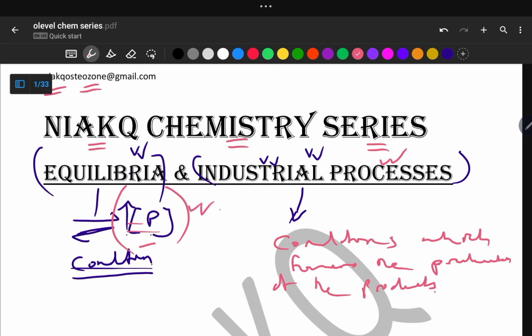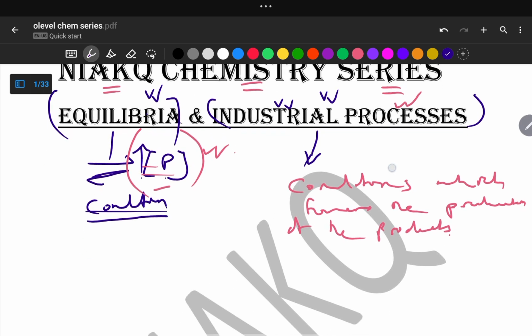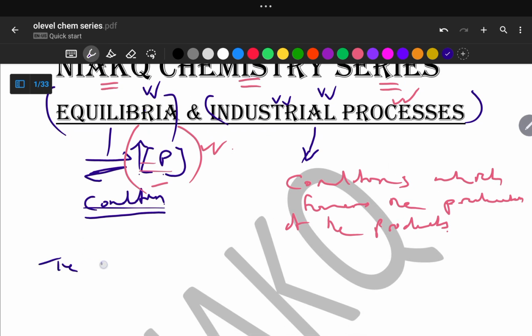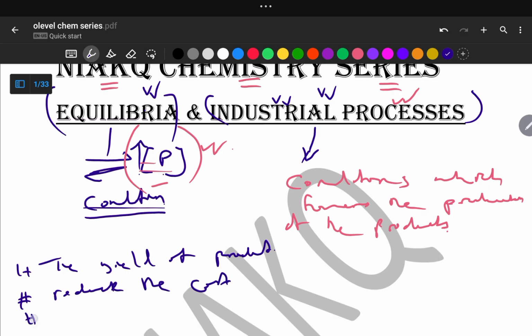So for industrial processes, we are mainly concerned with the yield of product. We are also focusing on the cost; we want to reduce the cost, and also we want to increase the rate. So these are the aspects governing the industrial processes, right?